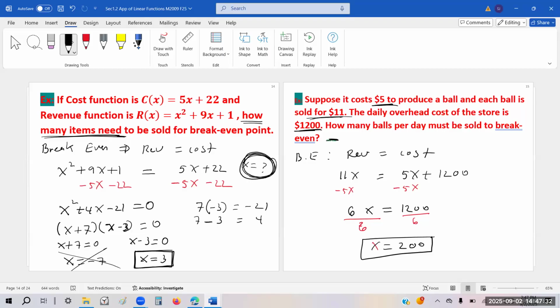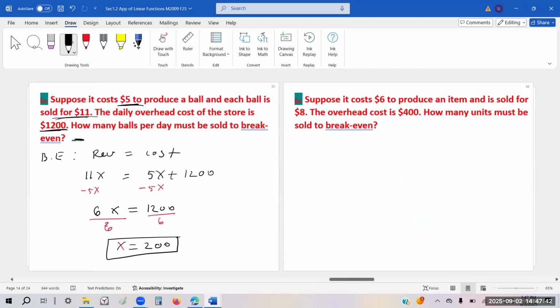And in your final exam, they will give one break-even question, either break-even or profit something question. Okay. So these are good questions for final exam.